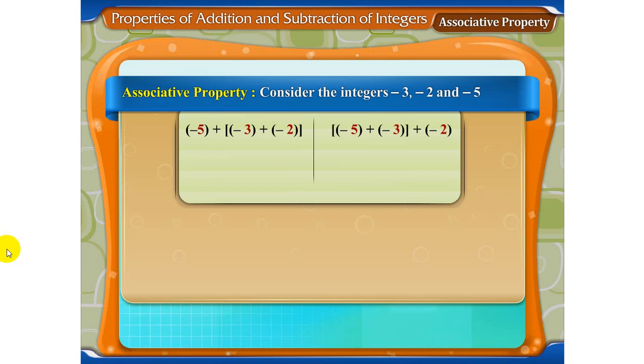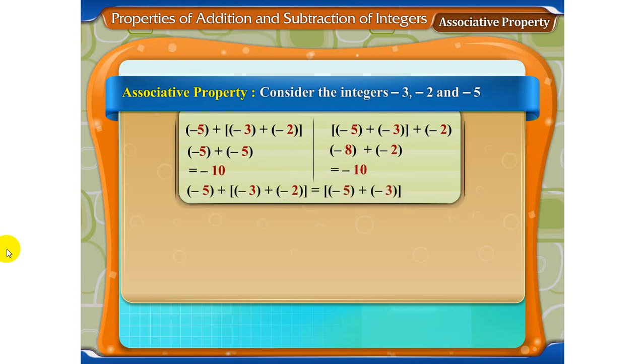In the first sum, -3 and -2 are grouped together, and in the second, -5 and -3 are grouped together. We will check whether we get different results. In both the cases, we get -10. That is, -5 plus (-3 plus -2) is equal to (-5 plus -3) plus -2.